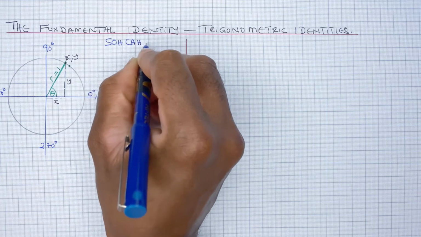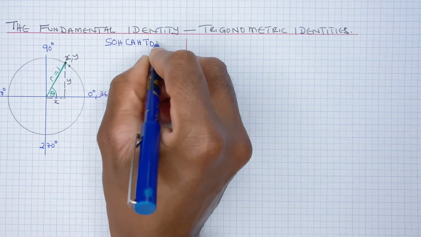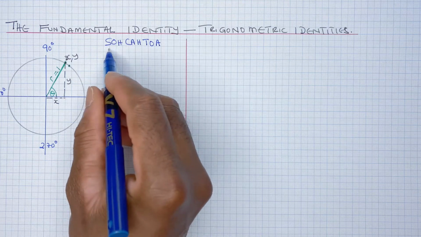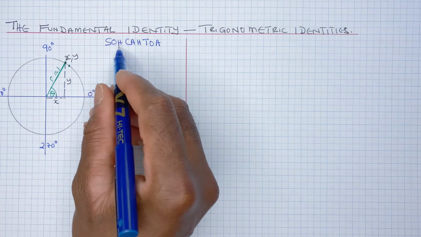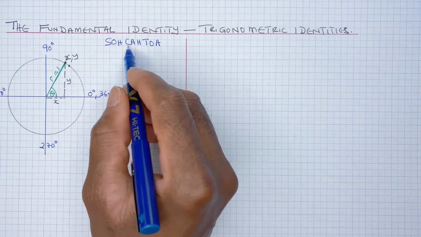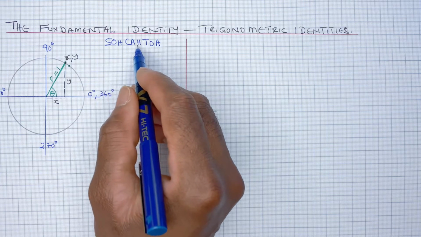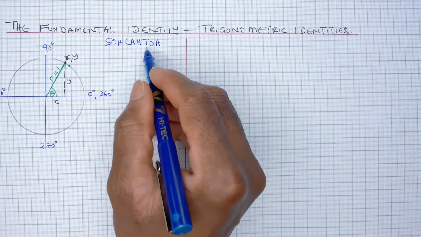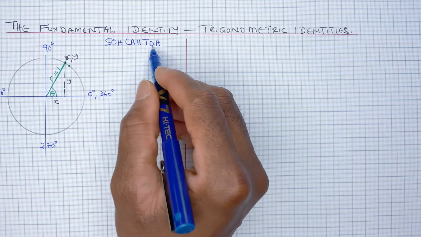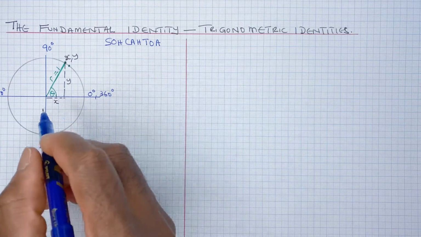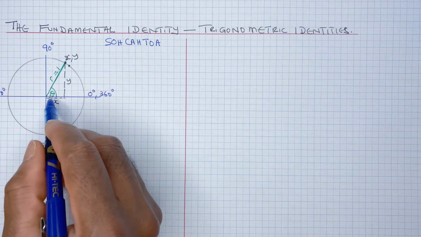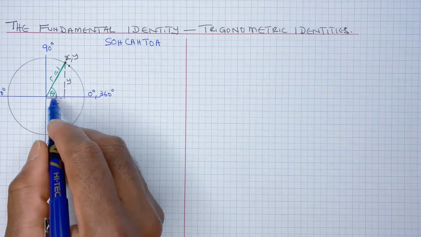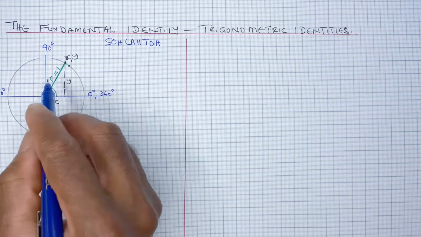So sine theta is opposite over hypotenuse. Cos theta is adjacent over hypotenuse. And tan theta is opposite over adjacent. So I'm looking at this angle here. The angle you're looking at, this is the opposite, and this is the adjacent, and that's the hypotenuse.